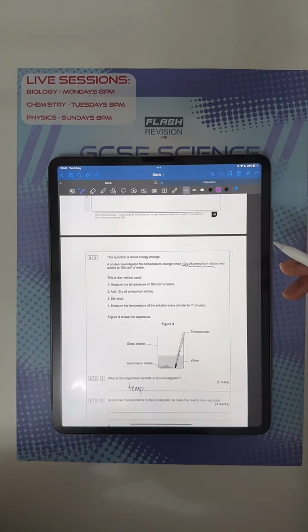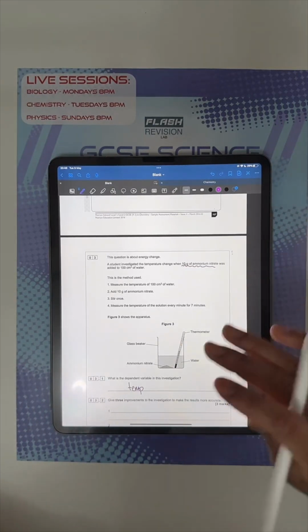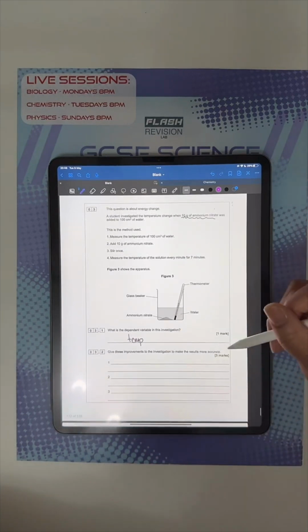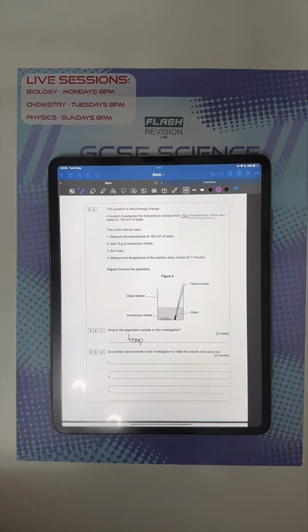Not same beaker. Same starting temperature. Yep. You want to keep that the same. So room temperature, same. Make sure that it's at the same temperature at the start. Yep. Good. All right. Give 3 improvements.